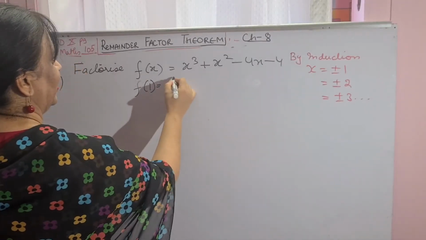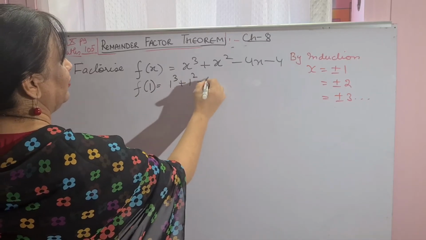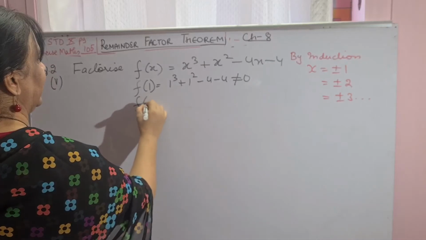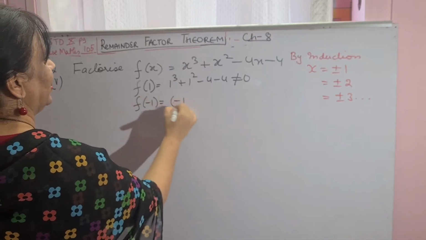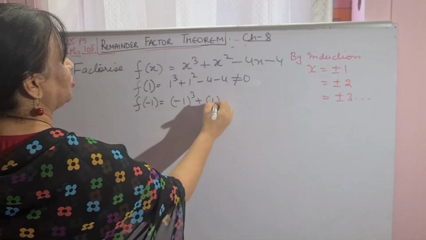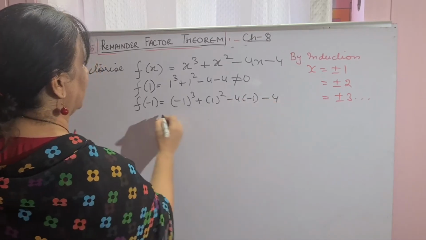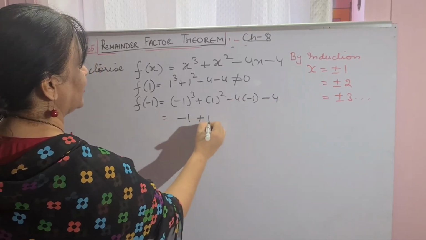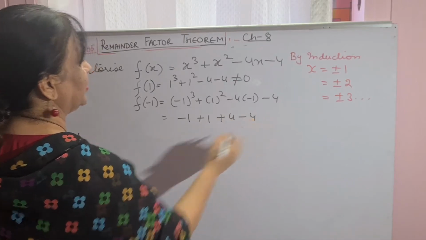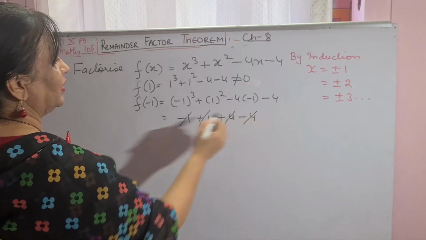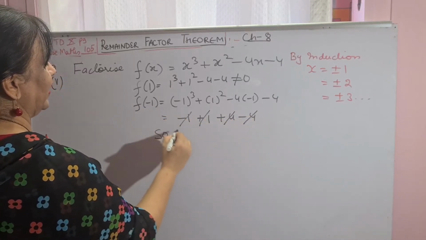I'll start: 1 cube plus 1 square minus 4, which is not equal to 0. So I can't take this. I'll take f(-1): minus 1 cube plus 1 square minus 4 into minus 1 minus 4. You can calculate it: minus 1 plus 1 plus 4 minus 4. See, I got my answer, 0.